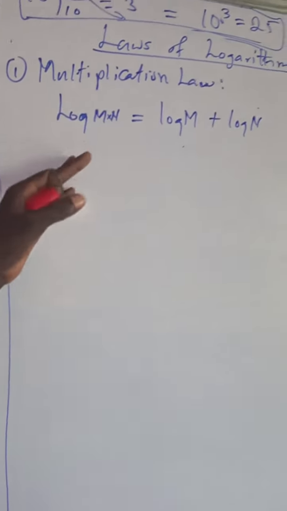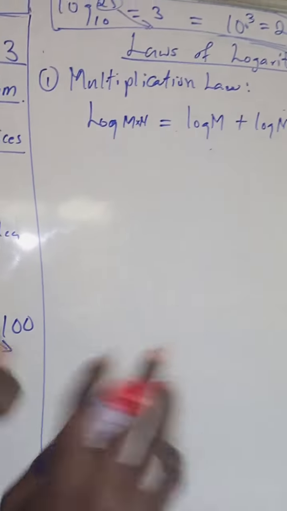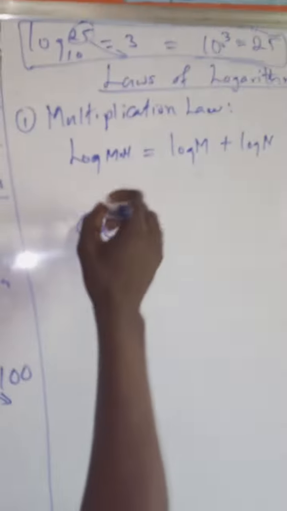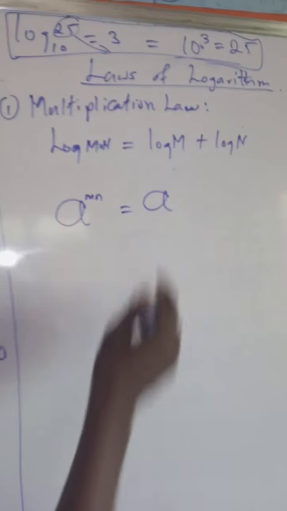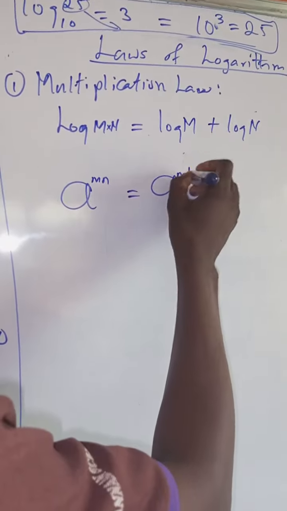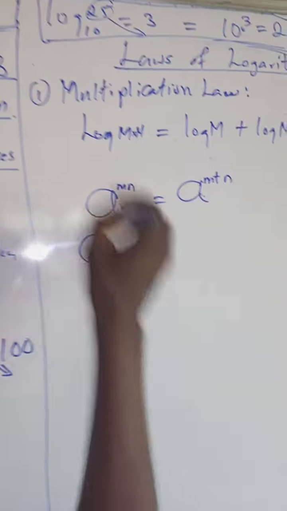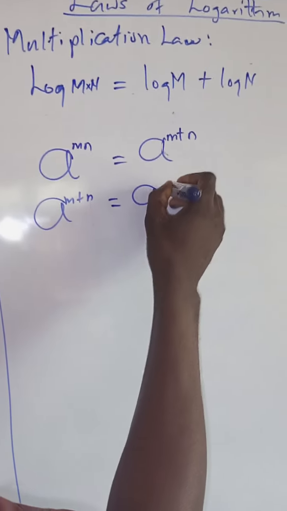So in logarithm, we can also reverse it, but in indices, it's not reversible. In indices, when you have m times n raised to a power, it will be m plus n. But if you now have m plus n, you cannot tell me it is equal to mn.